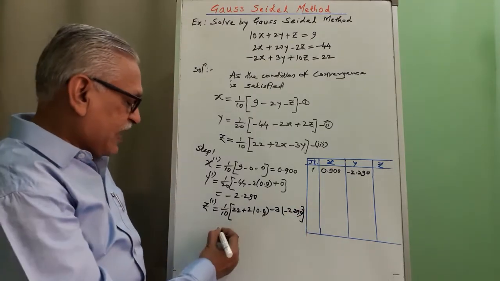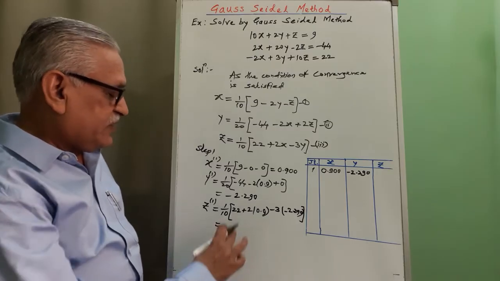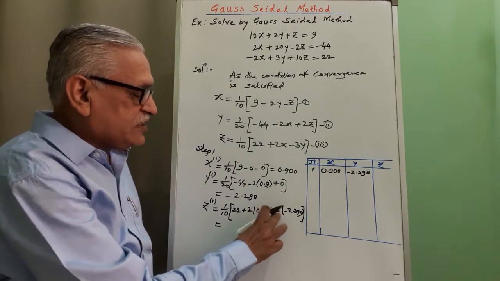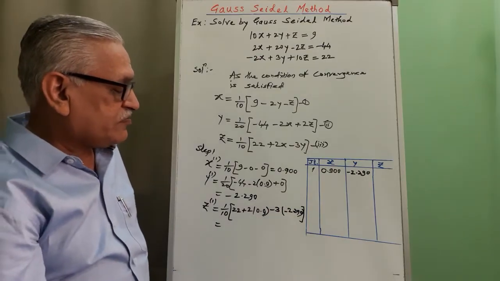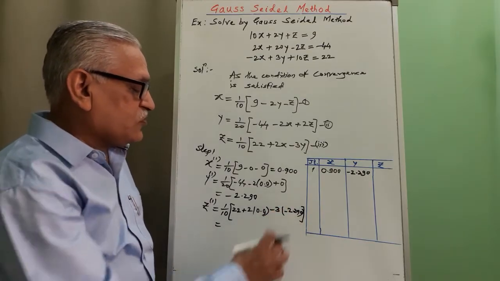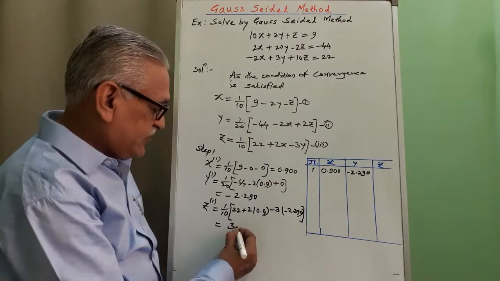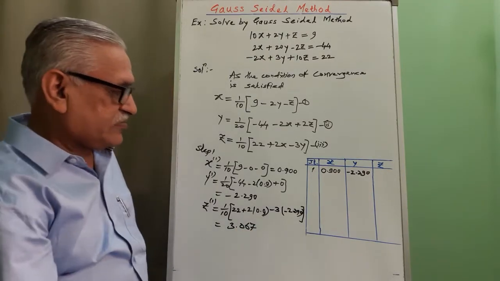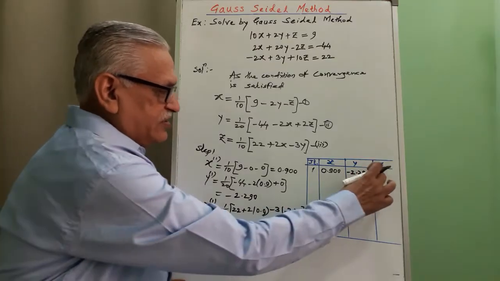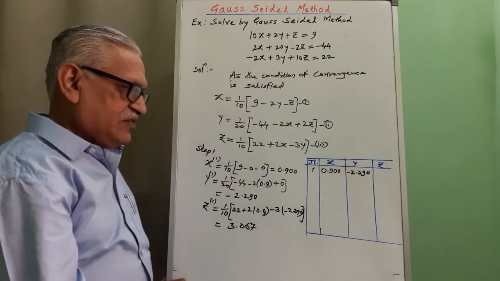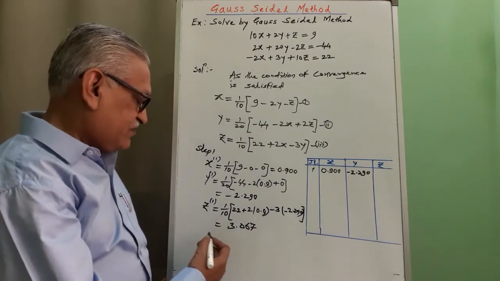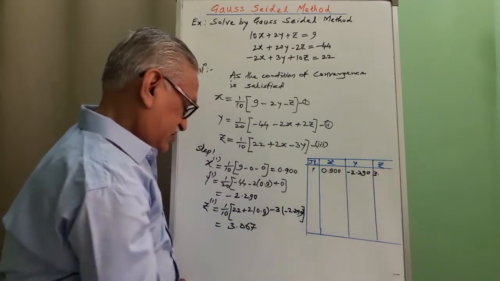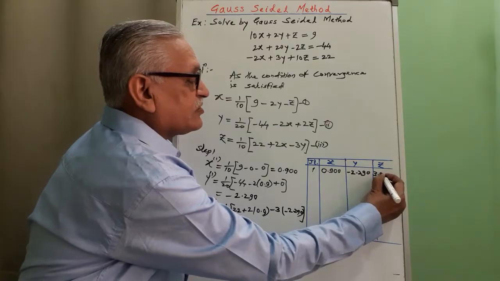If we perform it by calculator, it is 22 plus 2 into 0.9 plus 3 into 2.29, giving 3.067. Substituting that value in the table, the value of z is 3.067.